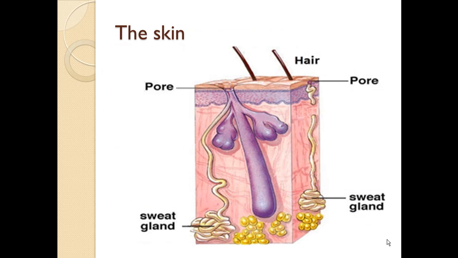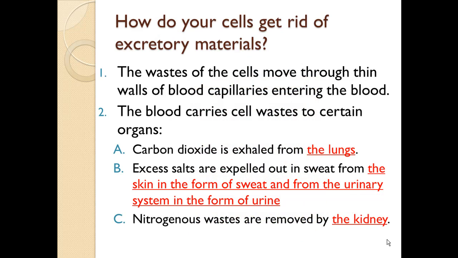By the way, these nitrogenous wastes are the reason why your urine has a bad smell. So nitrogenous wastes are removed by your urinary system, through the two main organs that are important in the urinary system, and they are called kidneys.